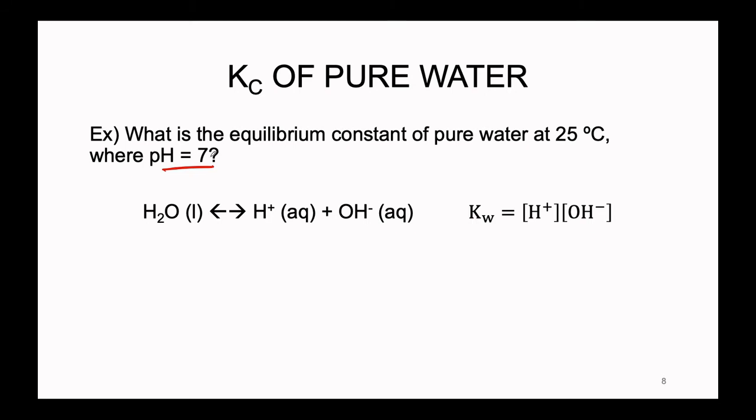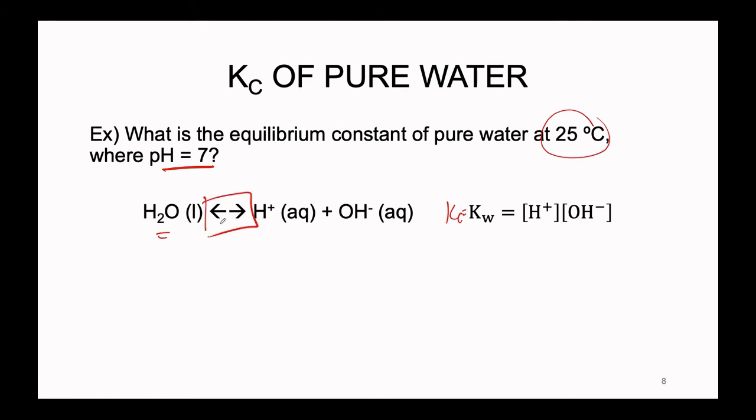So the equilibrium constant of pure water at 25 degrees Celsius, or room temperature, is something that we are able to find just from knowing that our pH is equal to 7. Since this is a reversible reaction, the simplified version I have here, just the form that's looking at the decomposition of our water into H+ and OH-, we can write an equilibrium constant, a Kc, representing this decomposition, since it is reversible, right?